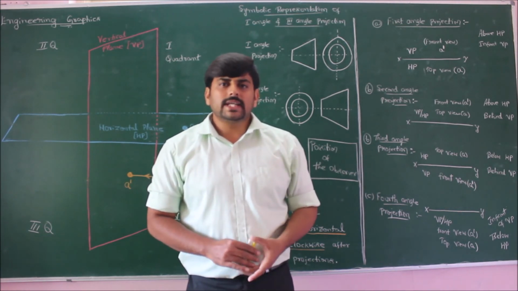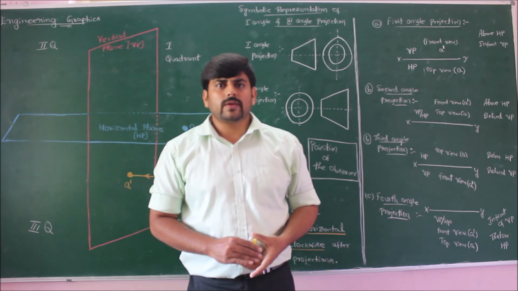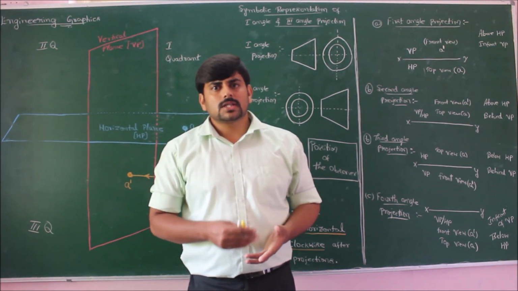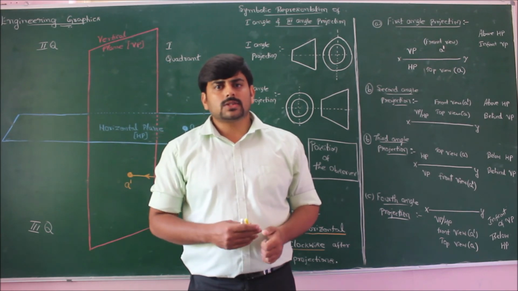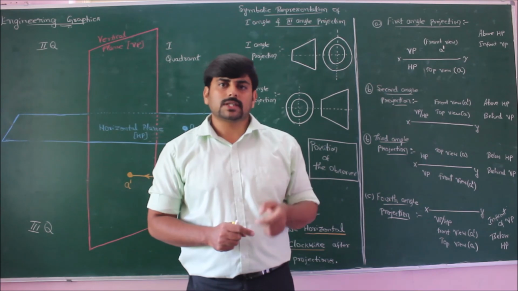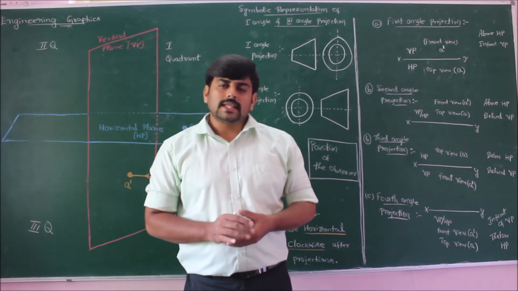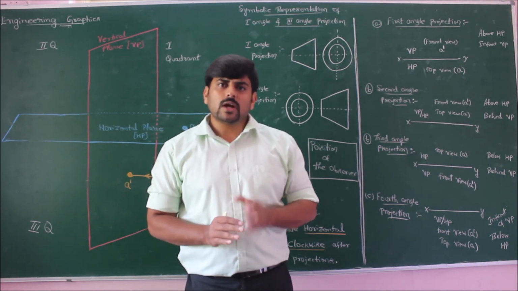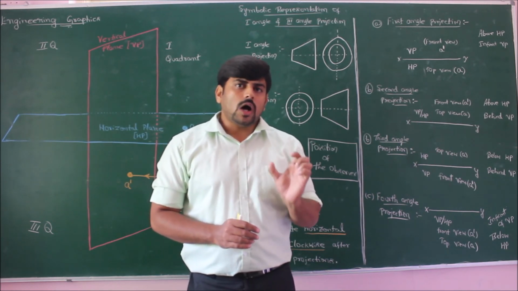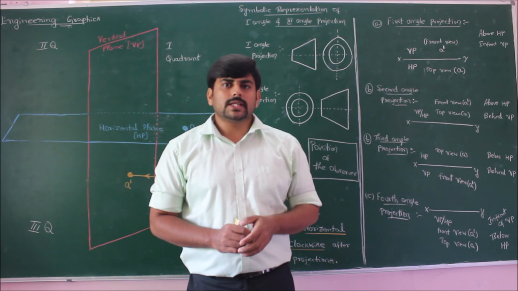As the name itself indicates, we will be performing orthographic projection of points, lines, planes, solids, and also the development of lateral surface of solids, and finally isometric projections. The word ortho stands for right angle to each other.